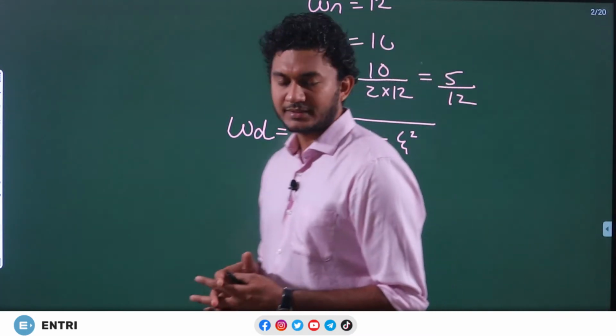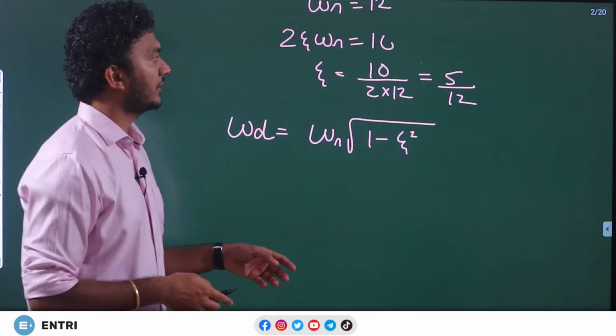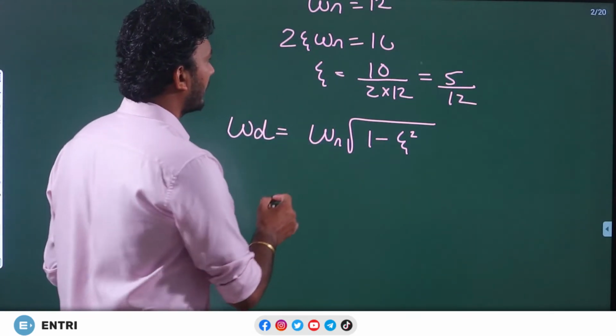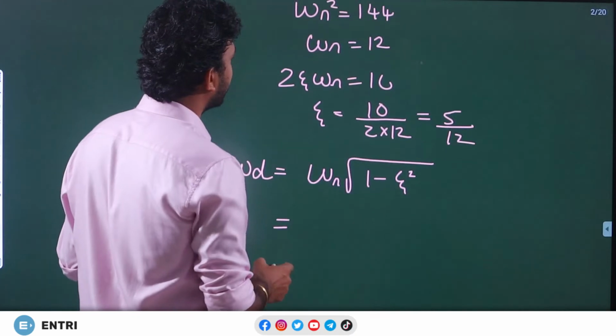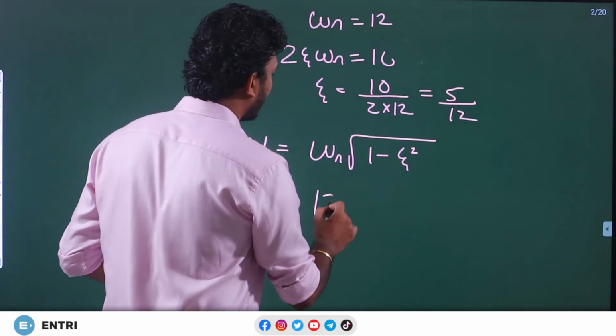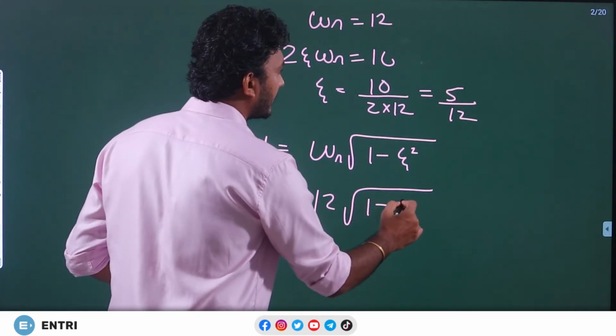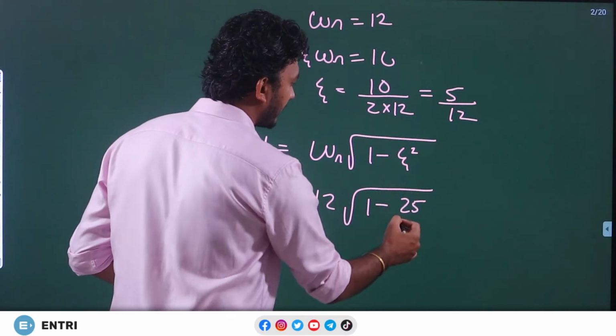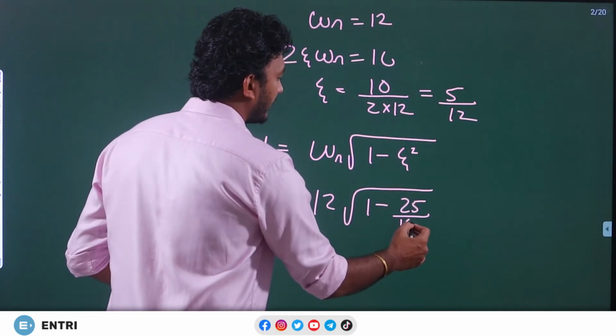So, omega d is omega n into square root of 1 minus zeta square, omega n is given as 12. So, 12 into square root of 1 minus 25 divided by 144.